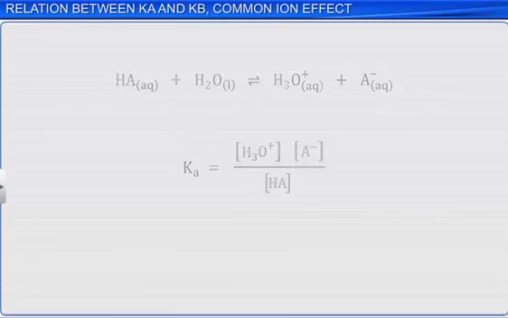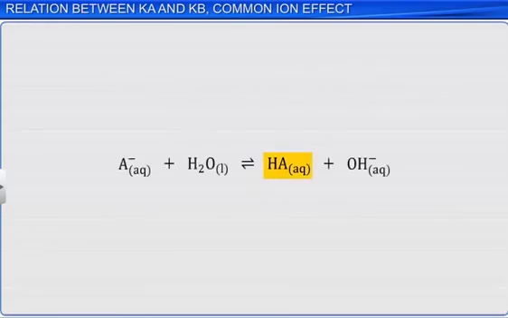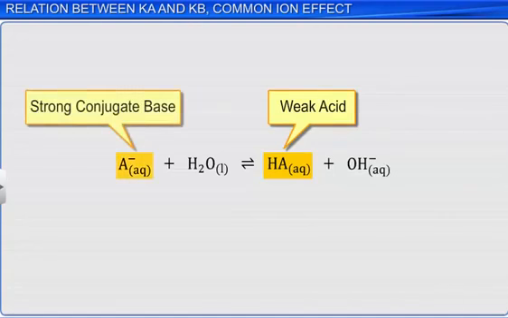HA, being a weak acid, has a strong conjugate base A-. The dissociation equilibrium of strong conjugate base A- in water can be represented as A- aqueous plus H2O liquid in equilibrium with HA aqueous plus OH- aqueous.